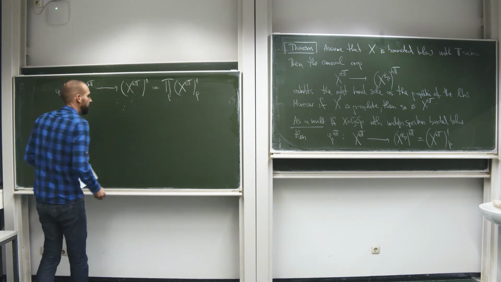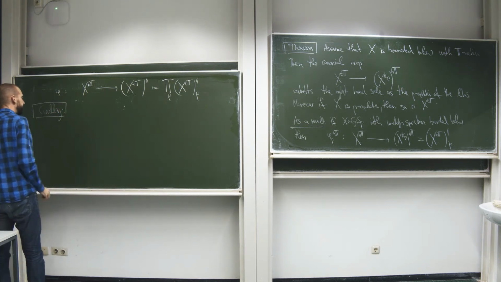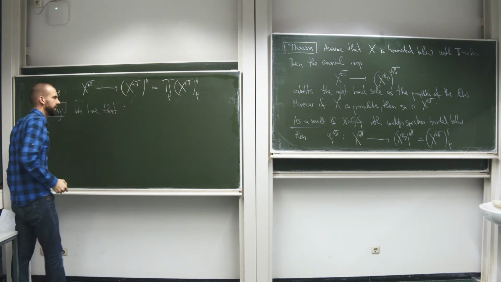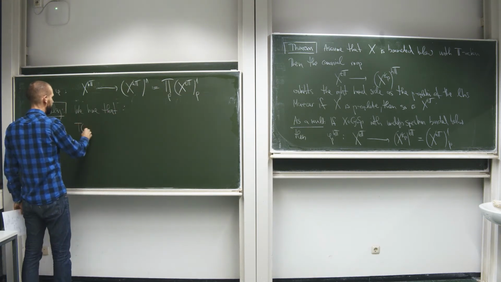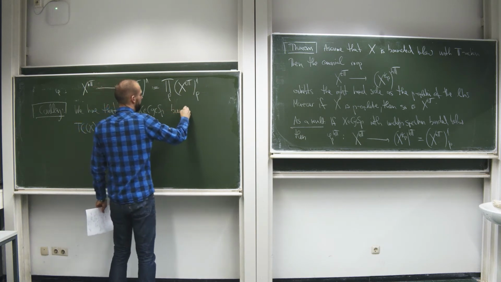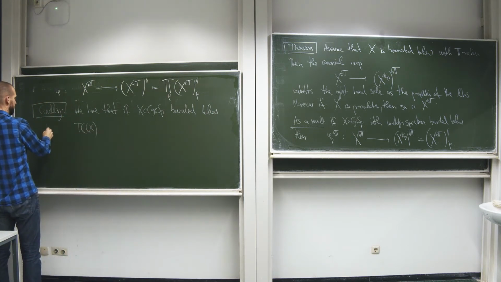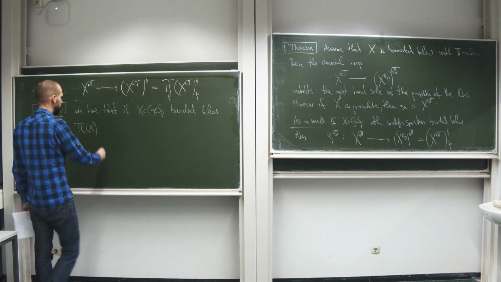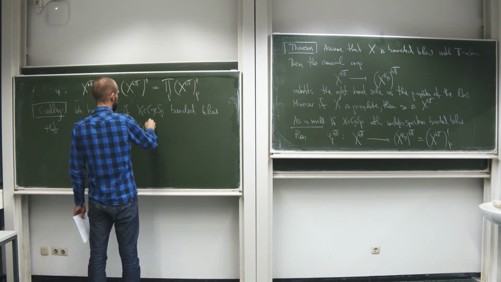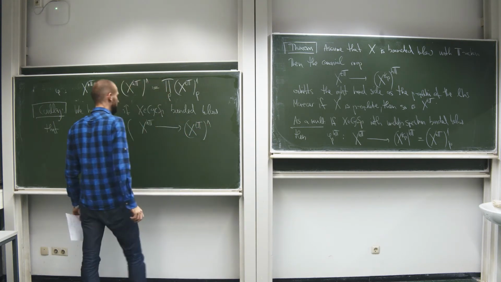And so a corollary of all of this is that TC of X, if X is bounded below, is equivalent to the fiber of a map from X hT into X Tate T profinitely completed. And what is the map here?